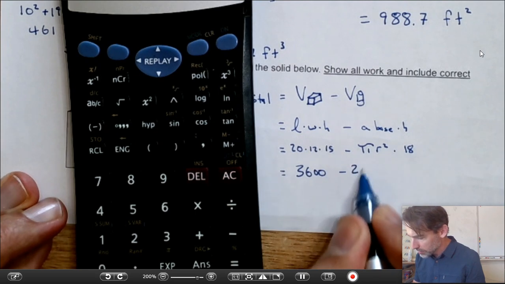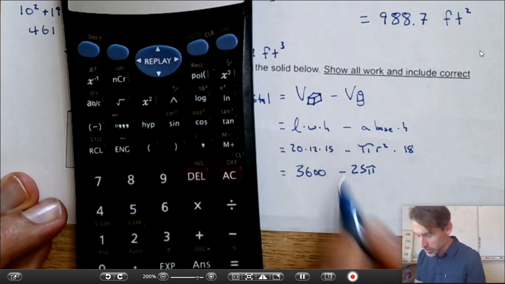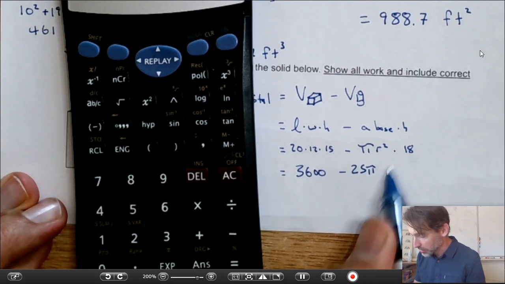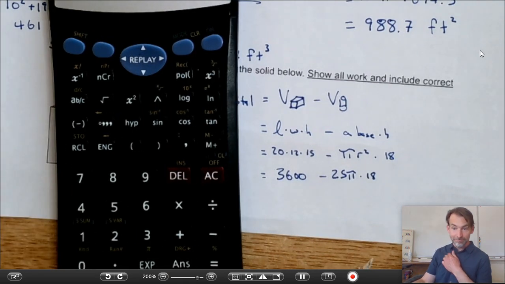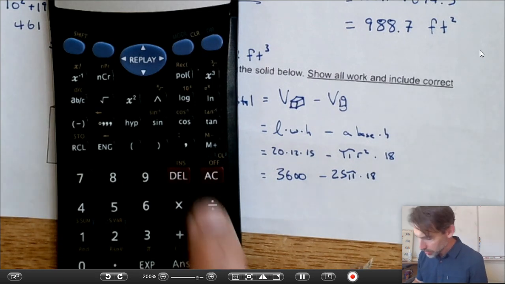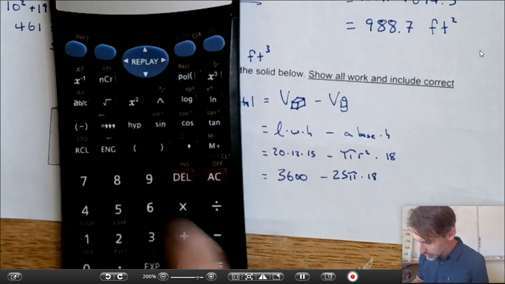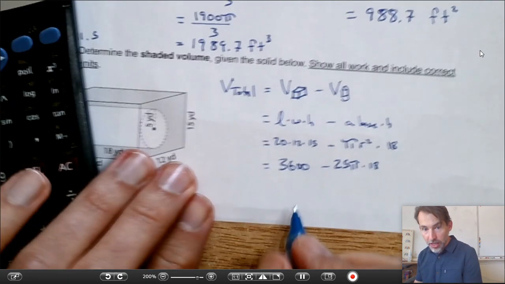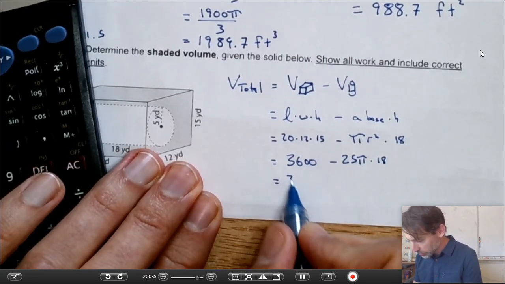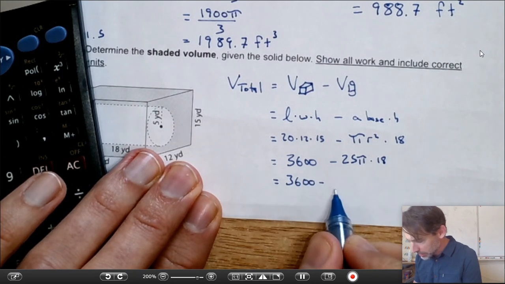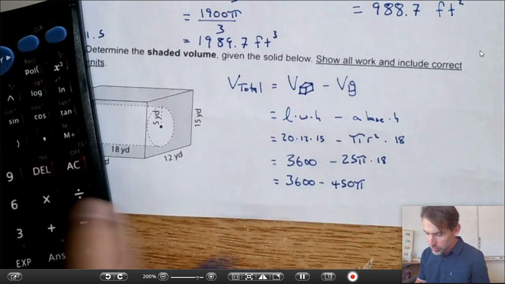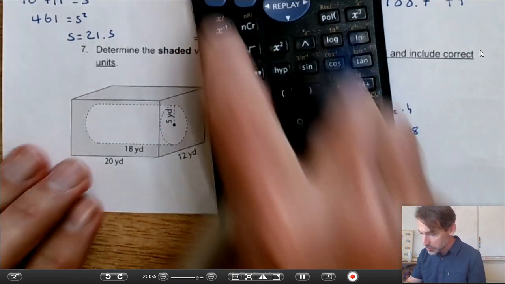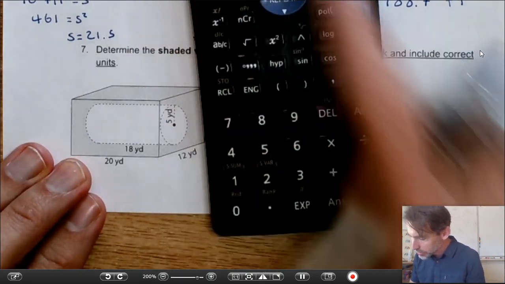Minus 25 pi, because r was 5, so 5 squared is 25, times 18. 25 times 18 equals 450. So we have, this is exact value, 3,600 minus 450 pi. Okay, let's do 450 times pi equals that.